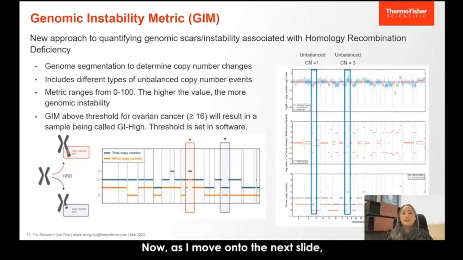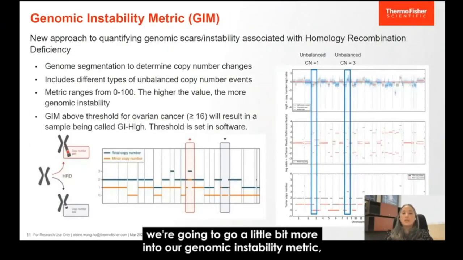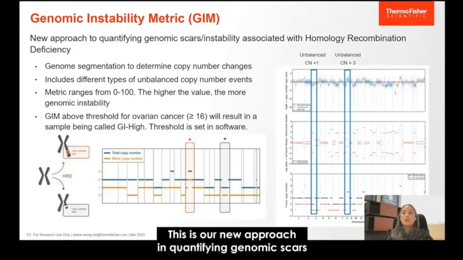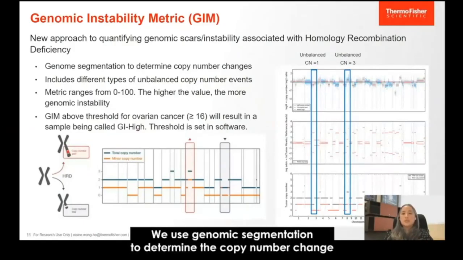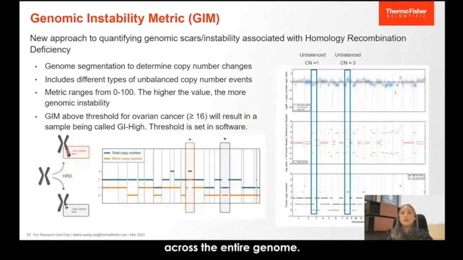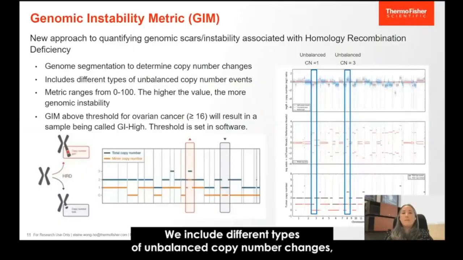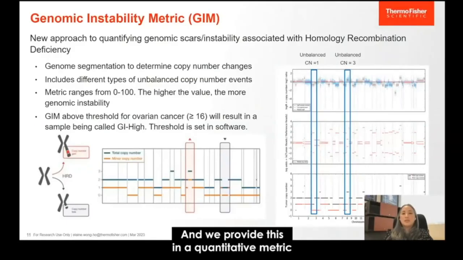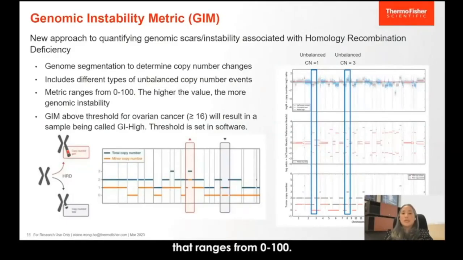Now, as I move on to the next slide, we're going to go into a little bit more into our genomic instability metric, or GIM. This is our new approach in quantifying genomic scars associated with homologous recombination deficiency. You use genomic segmentation to determine the copy number change across the entire genome. We include different types of unbalanced copy number changes, whether it's gains or losses, and we provide this in a quantitative metric that ranges from 0 to 100.